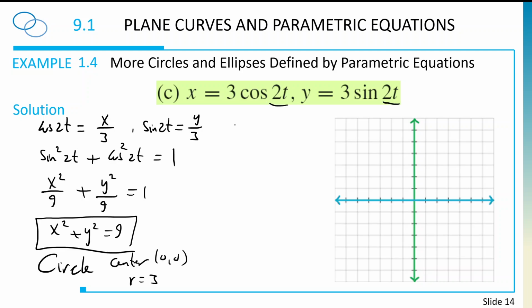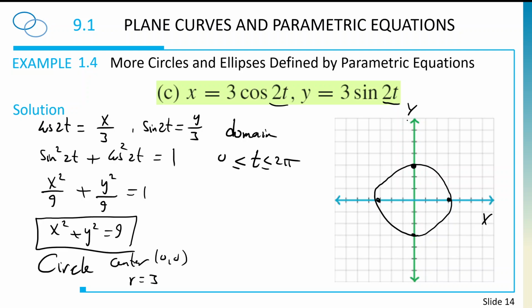Remember the given restricted domain, we have it before I graph. The domain was t from 0 to 2 pi. So if I'm graphing the circle with center 0, 0 and radius 3, these are the surrounding of the circle. And we'll graph the circle. I will check the orientation in a bit.